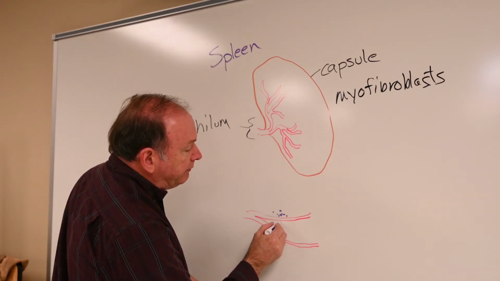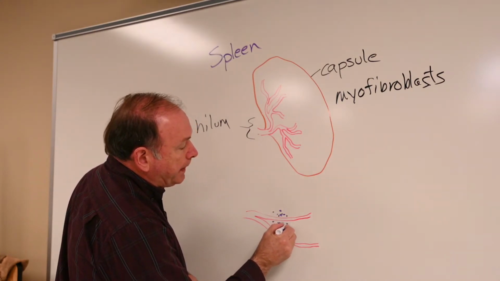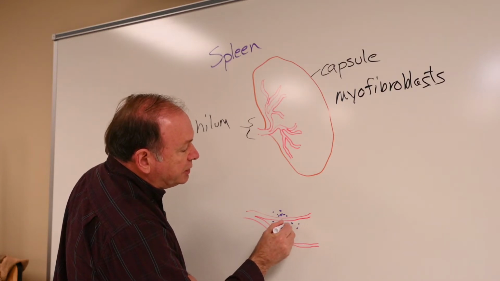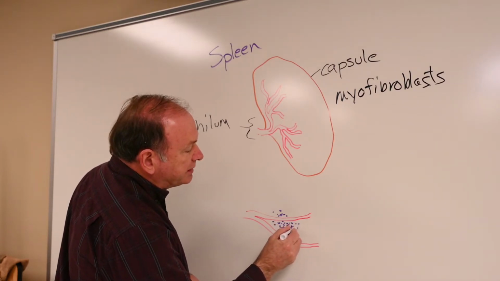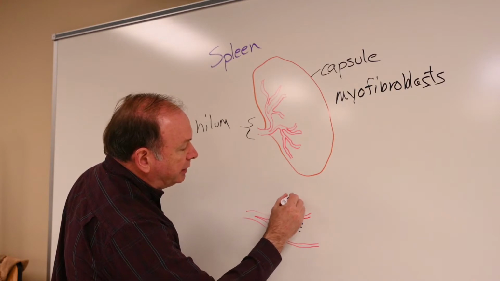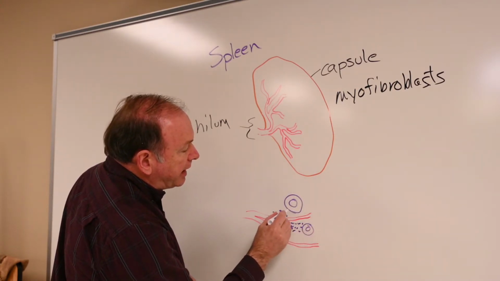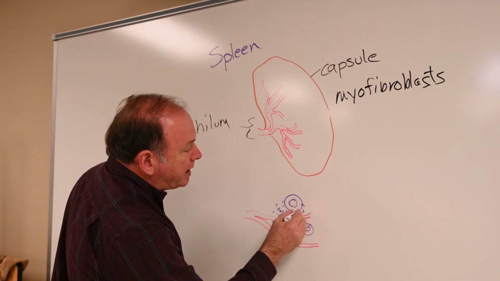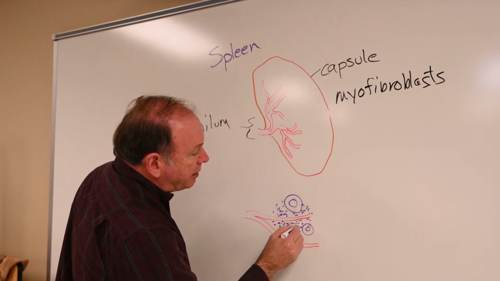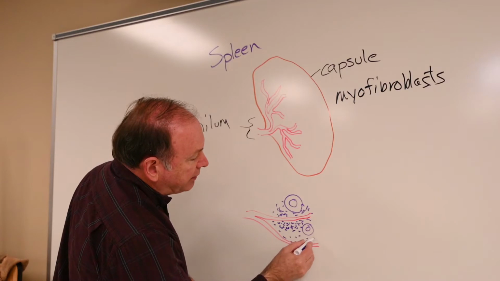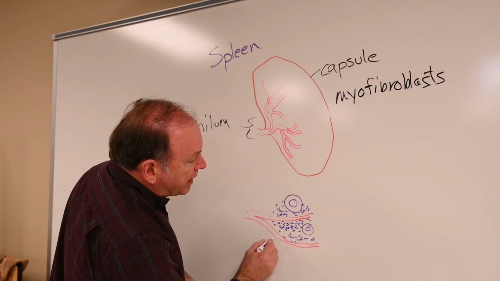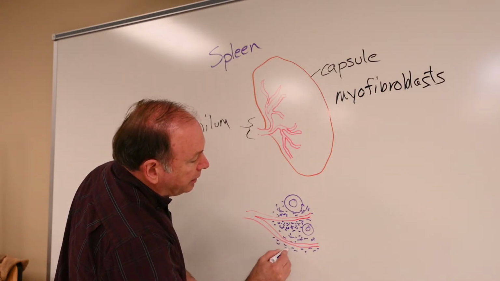So there'll be a lot of lymphocytes around here. And also in this region of white pulp we're going to see some lymphatic nodules. So you'll see a lymphatic nodule and its germinal center. Some of those scattered around in this region of white pulp surrounding the arteries, the central arteries. So we have a couple of central arteries surrounded by white pulp here.